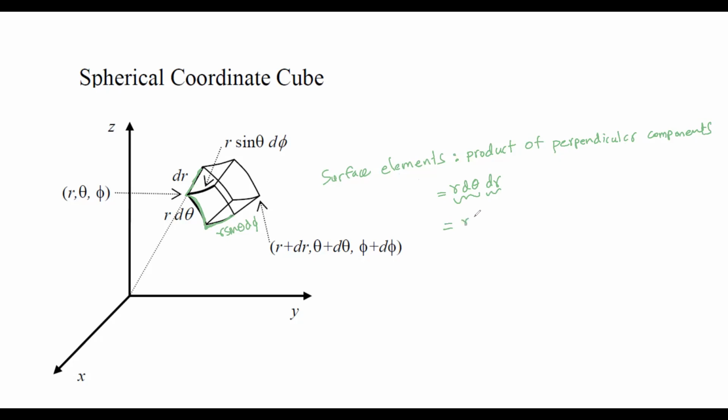Another surface element is r sine theta. Element we can call as a phi or something, right? I will just mention why I have mentioned a phi. Another surface element is r sine theta d phi into dr, we can say, right?